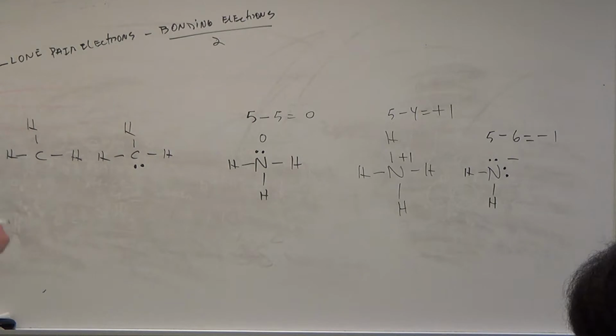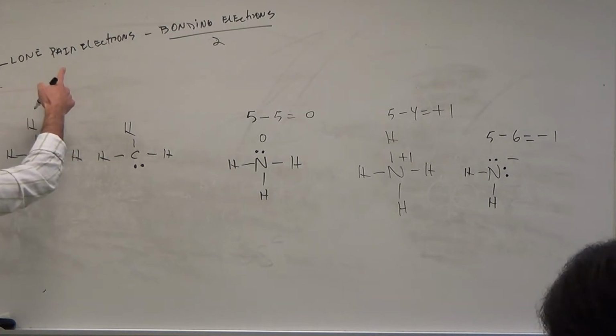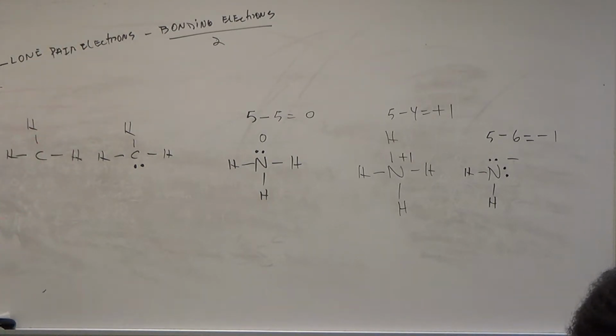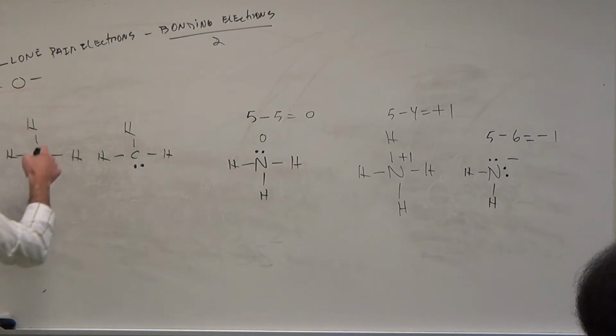Okay. Valence. Let's say for carbon, how many valence electrons does it have? Carbon has 4, yes? Minus lone pairs. Does it have any lone pair electrons? No. So how many lone pair electrons does it have? 0. Minus bonding electrons.